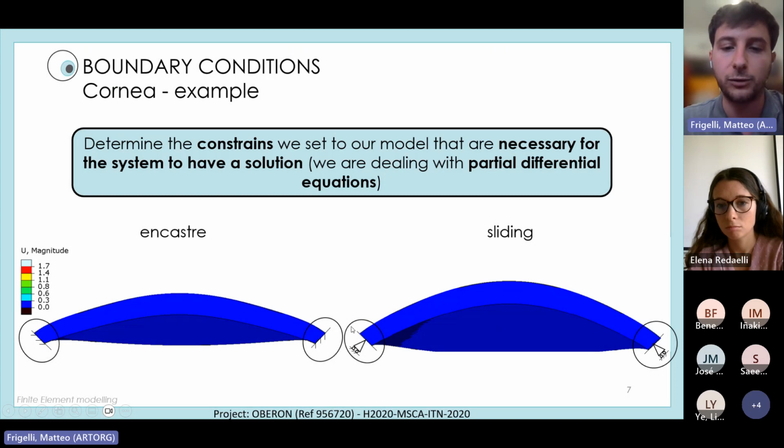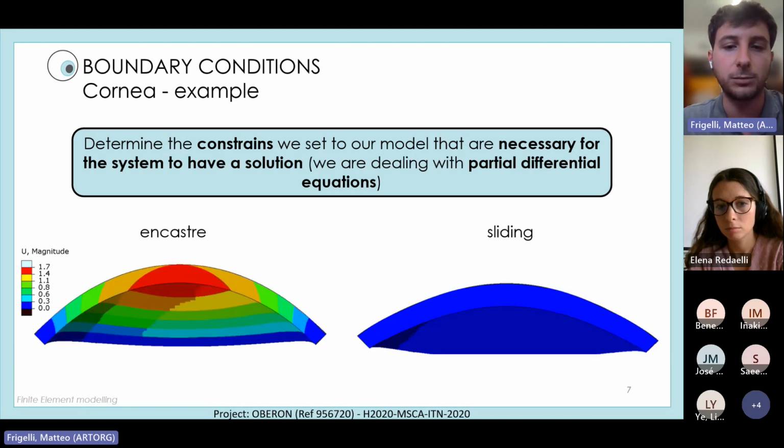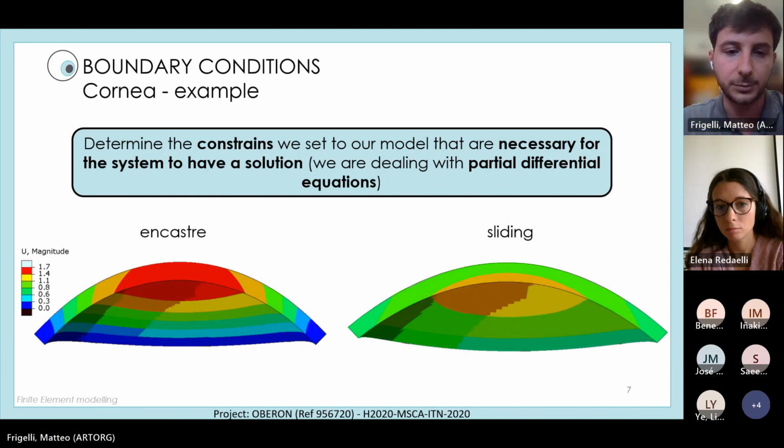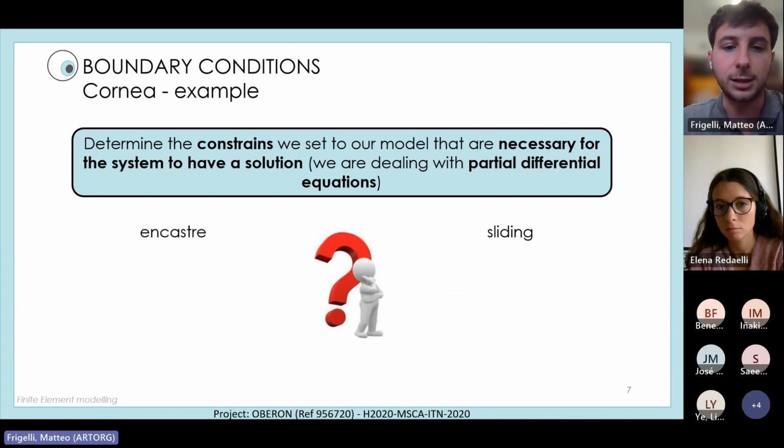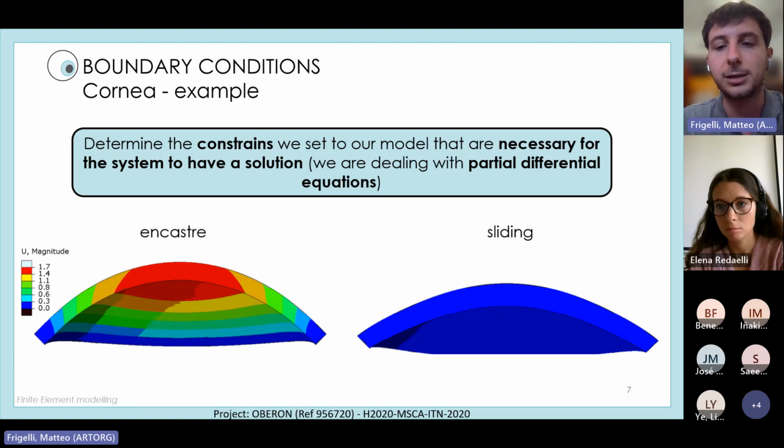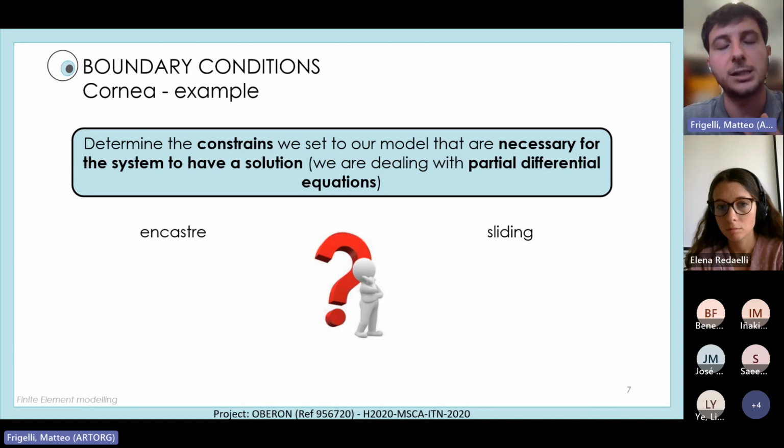This means we can allow the cornea to slightly move along this direction, along the direction of this edge. As I will briefly show you here, when I apply IOP, so intraocular pressure, to this cornea, they will deform in a different way. So as you can see, the cornea on the right deforms, it slides on these boundaries.